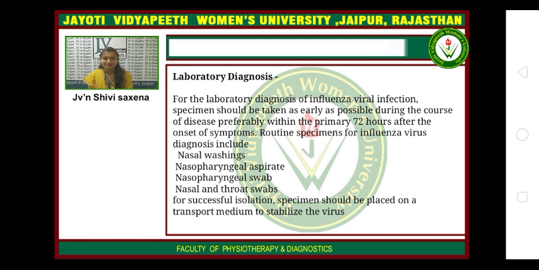CF measures antibodies against the NP and thus allows the type specific detection of antibodies to influenza A and B virus. HAI and NT are far more sensitive and measure antibodies against subtype and strain specific antigens.